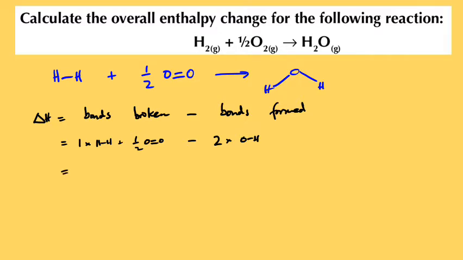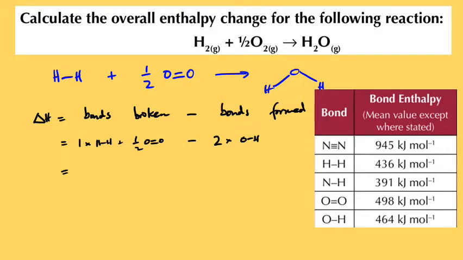So let's look at our data table for those mean bond enthalpies. So our hydrogen is this one here. So we're going to have 1 times 436 plus half of our double bond oxygen. So that's half times 498. And we don't really need to put it in brackets, but let's just make it double clear.